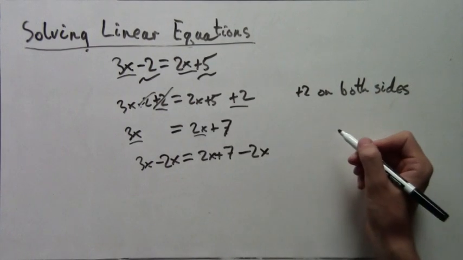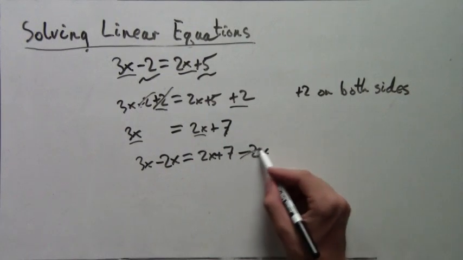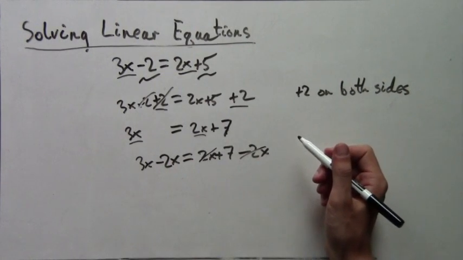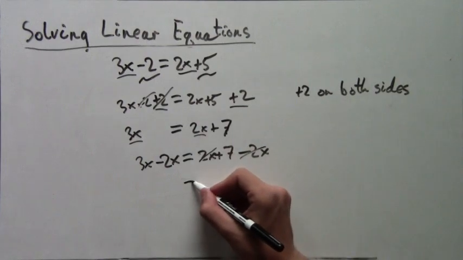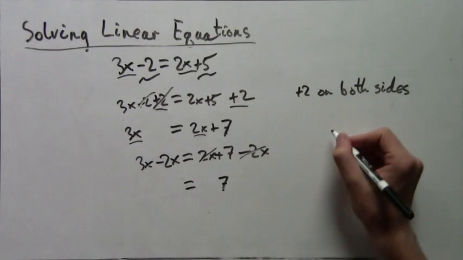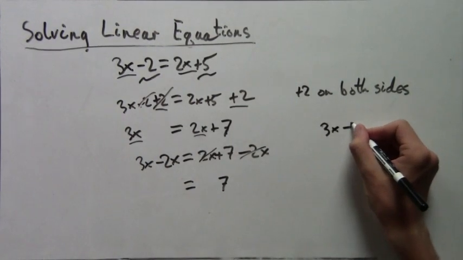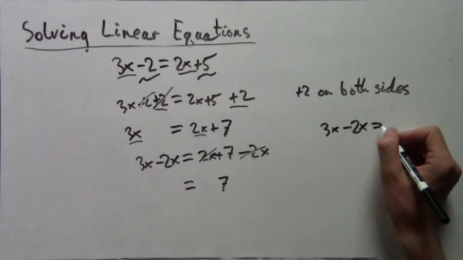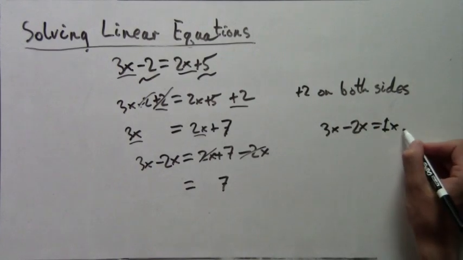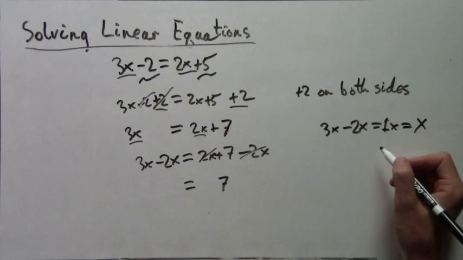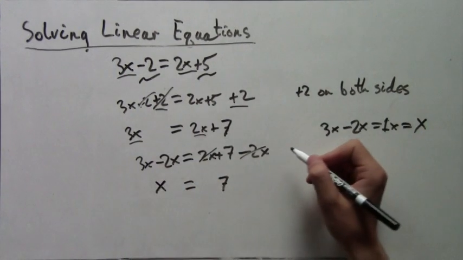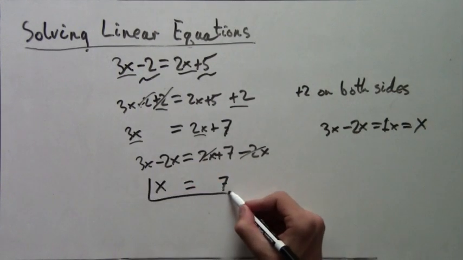But on one side, 2x minus 2x just cancels out. So there are no more x's on the right-hand side of the equation. On the other side, we have 3x minus 2x, which is just 1x, which is just x. So this just simplifies to x equals 7. And hey, that's the answer.